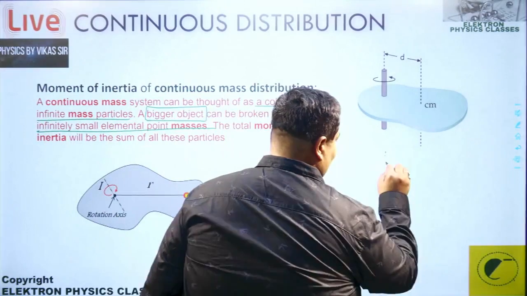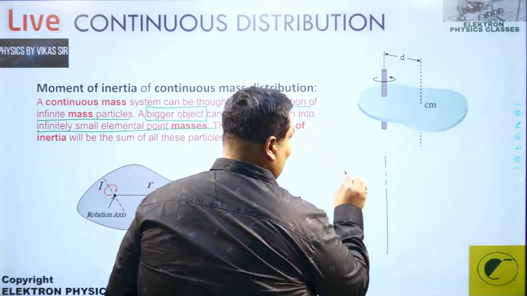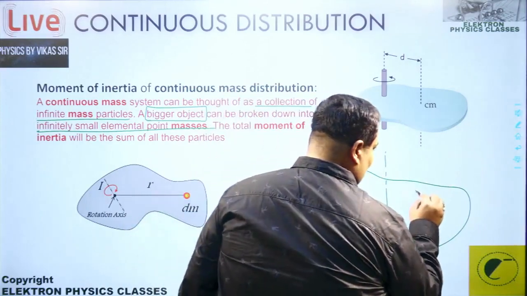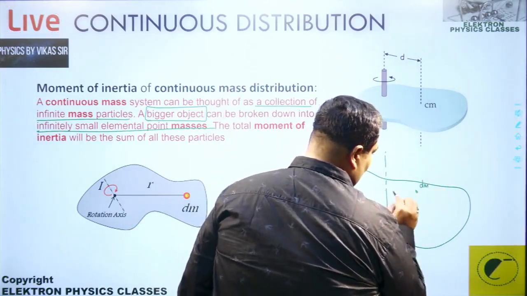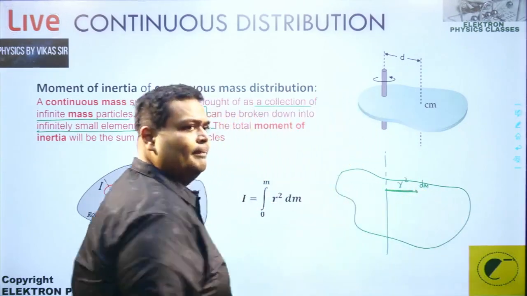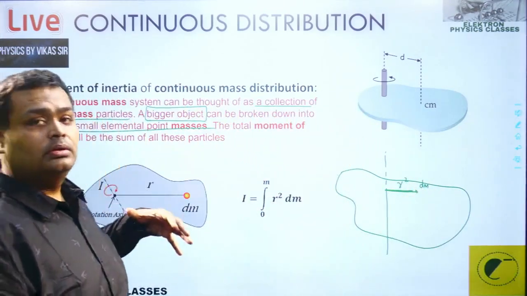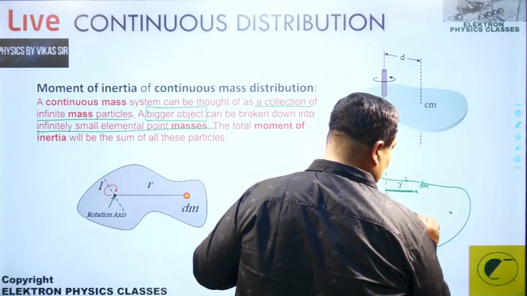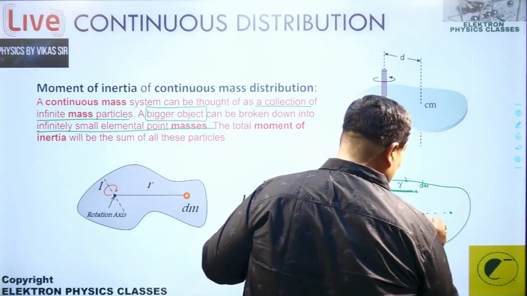So this is supposed to be an axis, and this is our rigid body. And this is one of the particles dm at this particular distance r, and there are many more whose distances are going to vary.